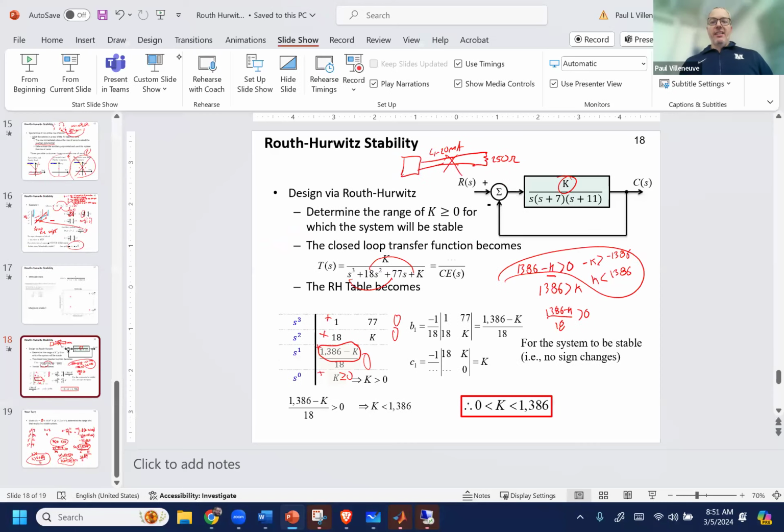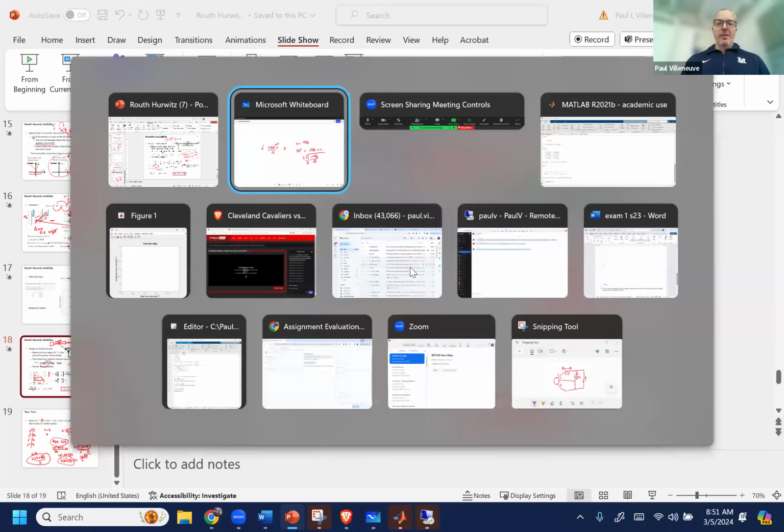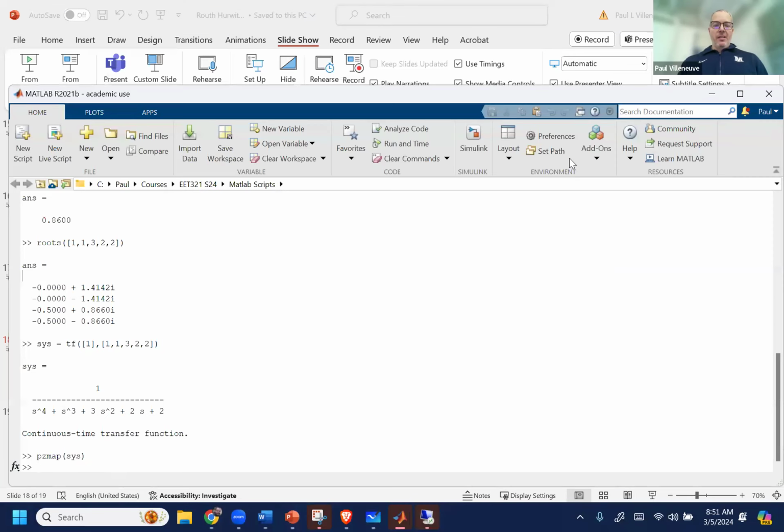Let's check that. Here is our transfer function, so let's build that in MATLAB. My system is going to be equal to tf. In the numerator, I have 1386.